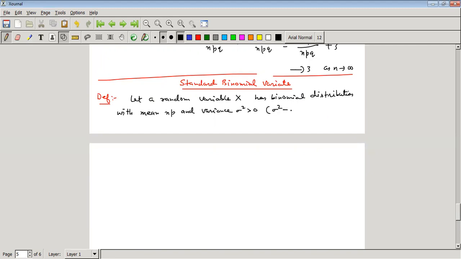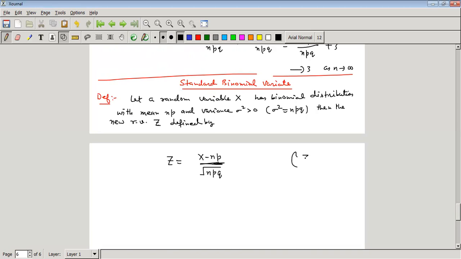So sigma square, the variance, is equal to npq. Then the new random variable, capital Z, is defined by Z equal to x minus np divided by under root of npq.